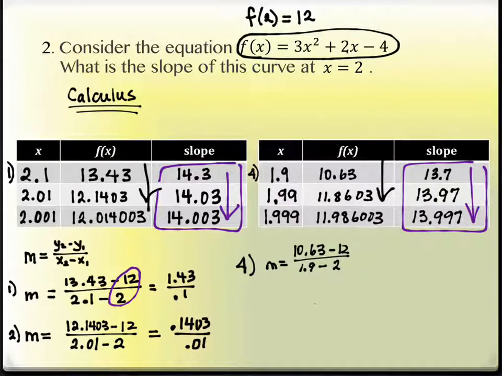The reality is that it really is 14. We just can't really say it for sure yet because we haven't verified that yet. So we're approximating that the answer is 14. Any questions on that?